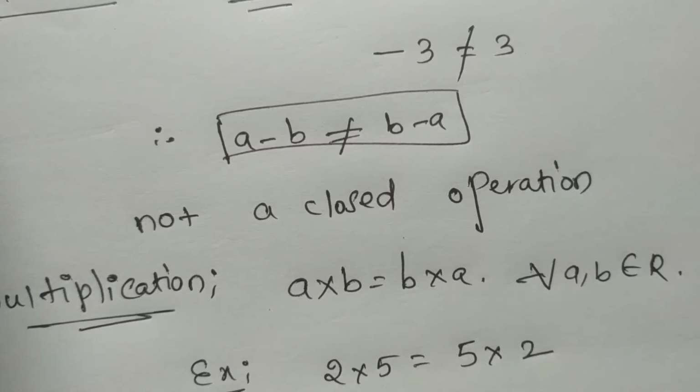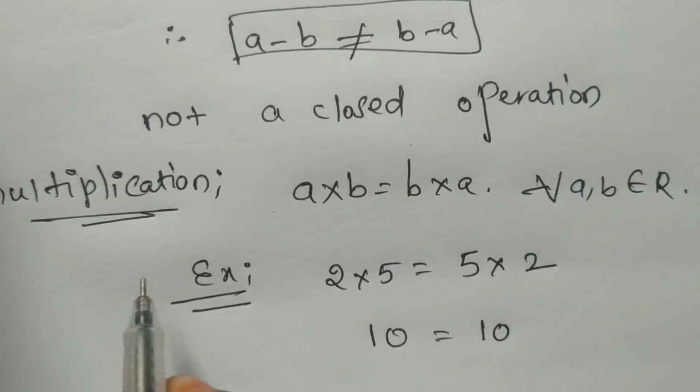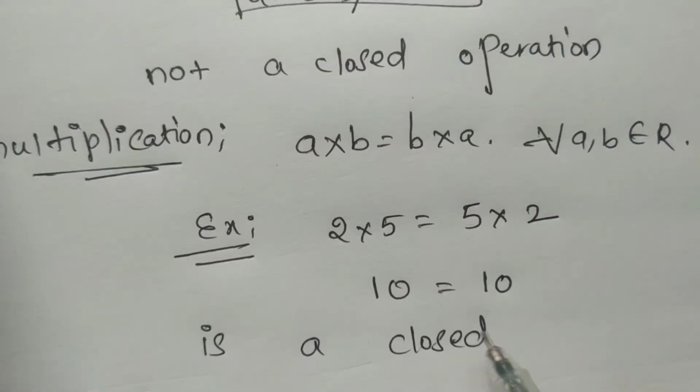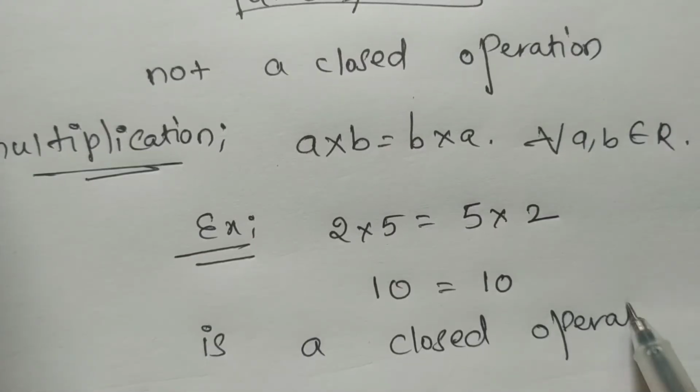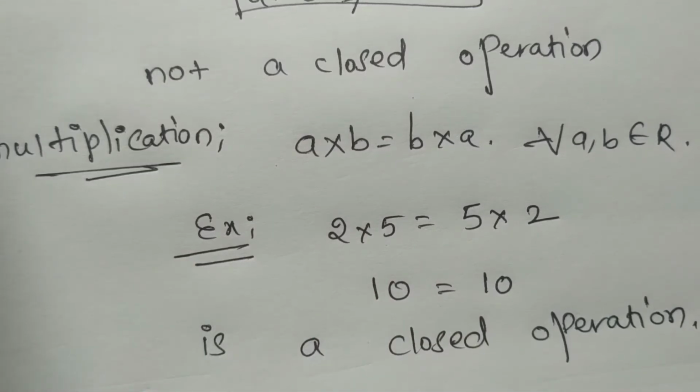So 10 equals 10. Therefore the commutative property under multiplication is a closed operation. So let us see about division.